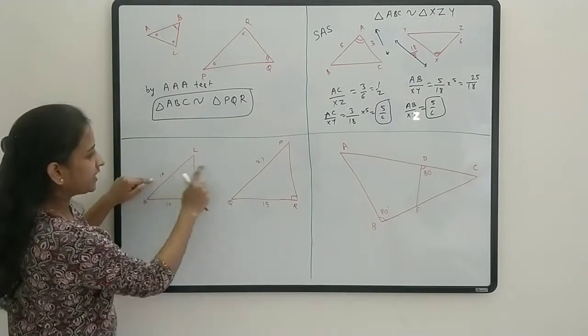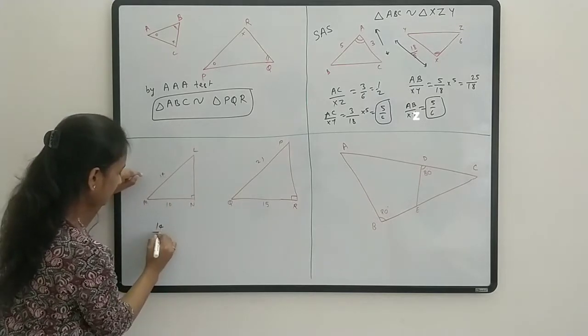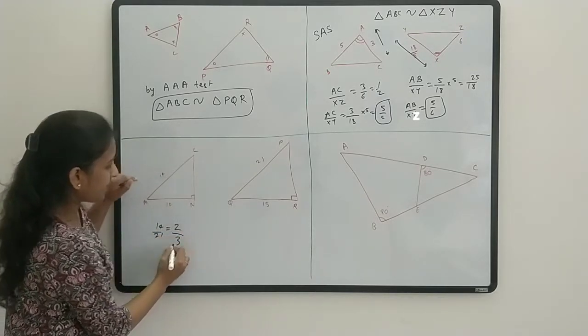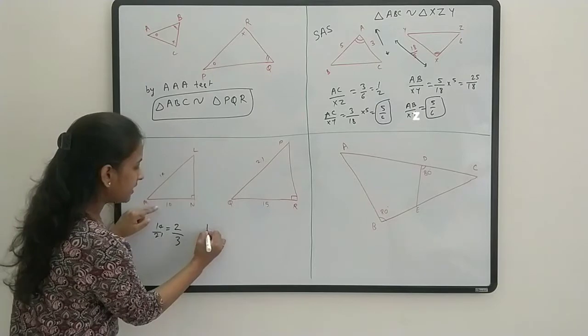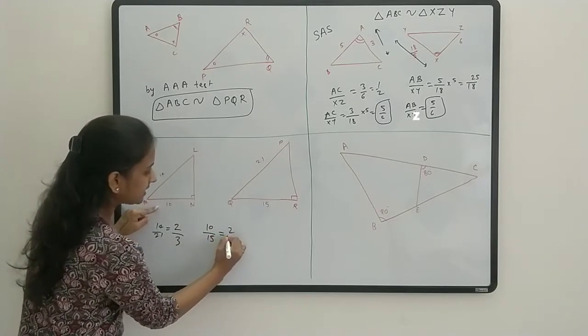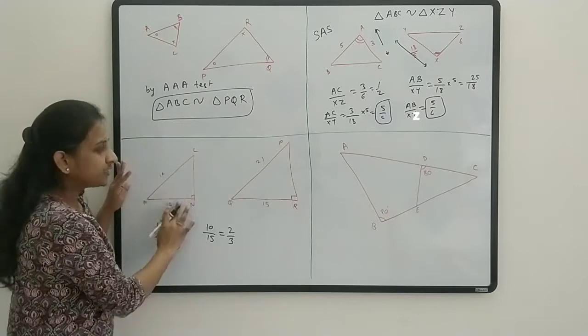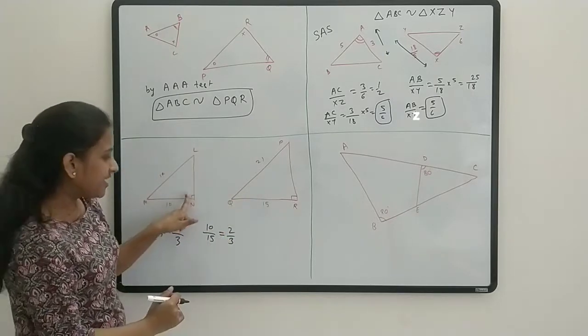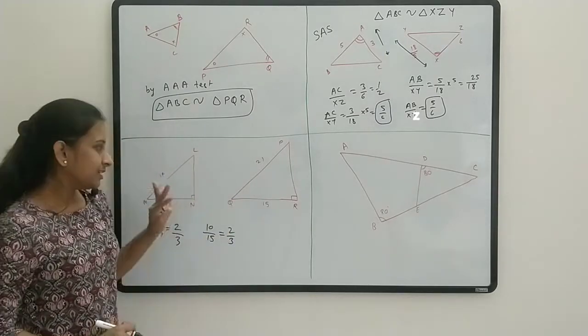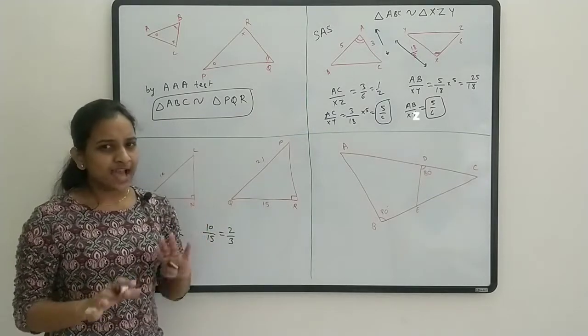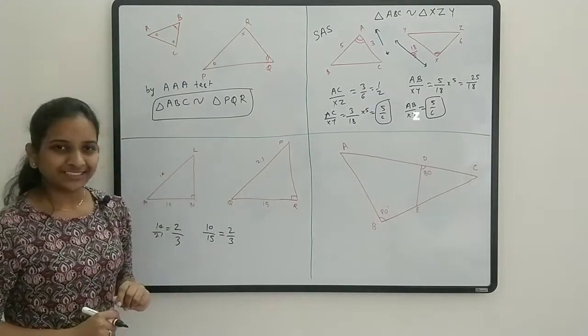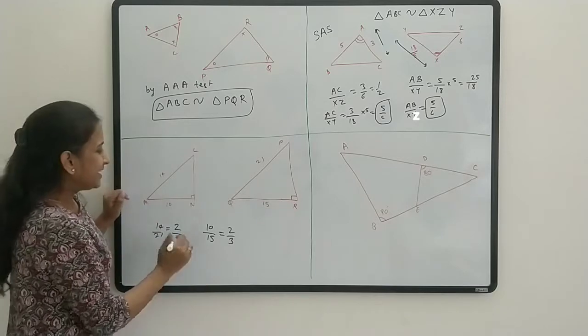Now let's check this. See, 14, 21. So this ratio is 2 by 3 and this ratio 10 by 15 is also 2 by 3. Okay, so two sides are in proportion and one angle is equal. So are these two triangles similar or not? See, it's not similar.